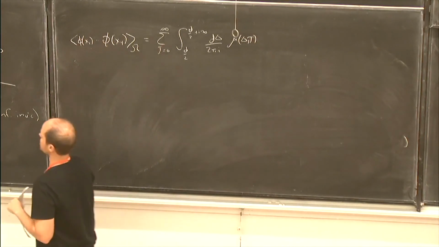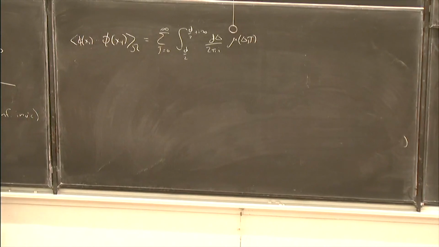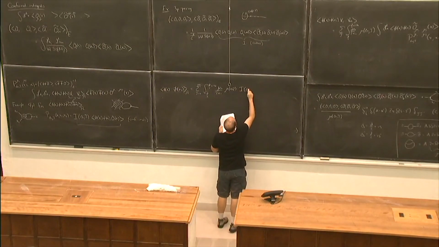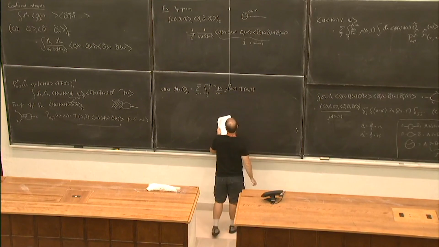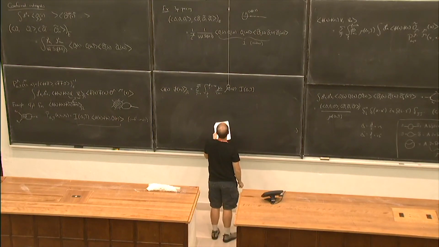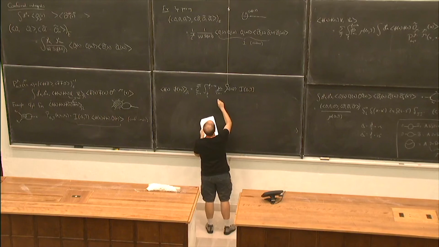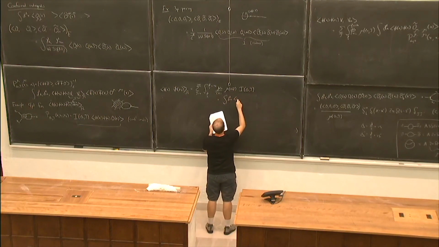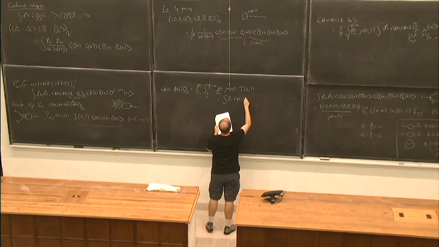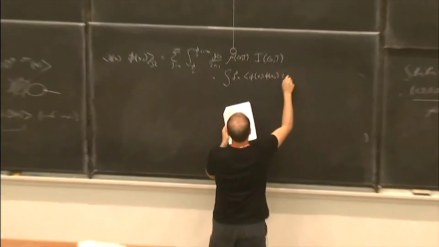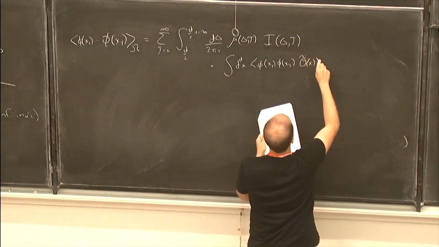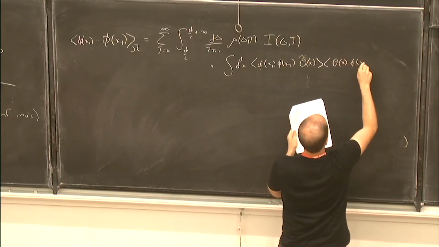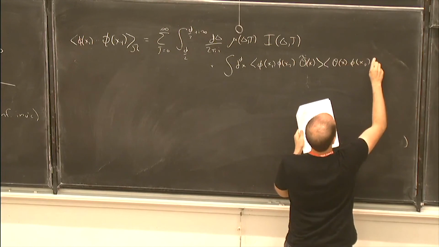So we get I of delta j times an integral of phi of x1, phi of x2, O tilde of x, O of x, phi of x3, phi of x4.